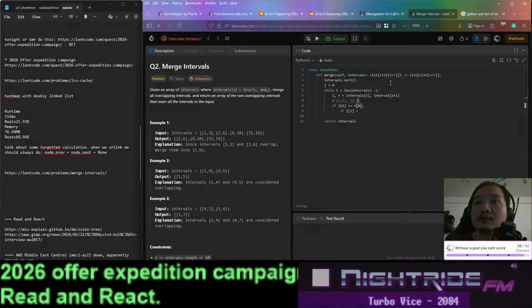There are a couple of cases that we have to think about like that. So then we pop the front, pop both, and insert the merged one. Okay, so we can do this.